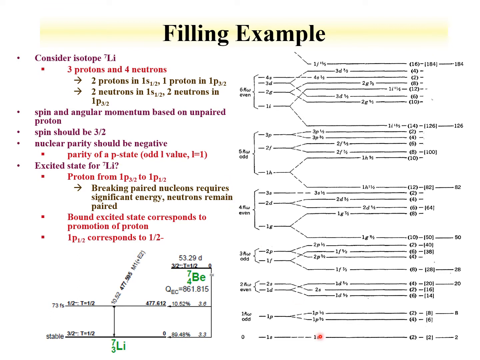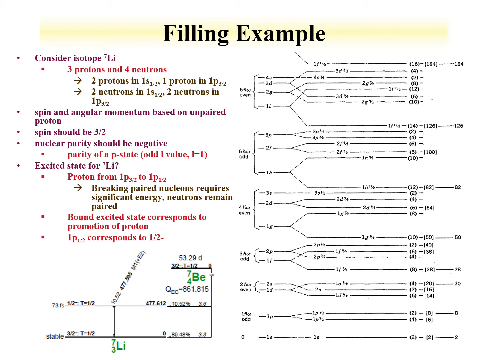It's much easier for the first excited state, just take the unpaired nucleon and excite it. So the unpaired nucleon would be living in this 1p 3/2. The next state up would be the 1p 1/2 state. We would expect the excited state of lithium-7 to have a spin and parity based upon the 1p 1/2. So the spin would be 1/2.